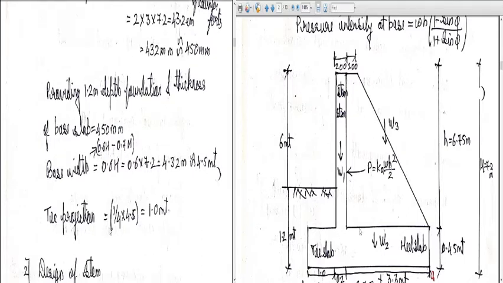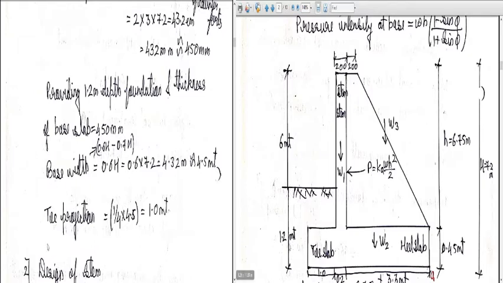Then the toe projection, we took it as 1/4 of the base width. So 1/4 of 4.5 works out to be around 1 meter. You can see in the diagram here, the dimensions are set. The stem is 200 mm width and it is not tapering, it is straight. The height of the stem above the ground level is 6 meter.